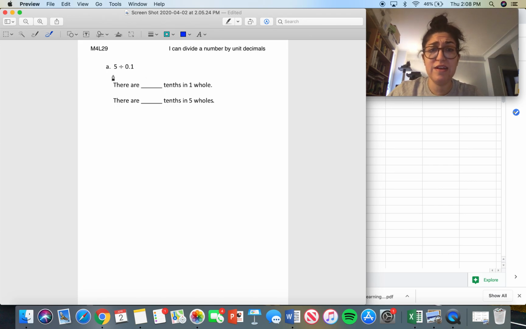So the first problem we're going to be dealing with is 5 divided by 0.1. Remember that if we think about our place value chart, this would be tens, this would be ones, or 1 whole unit.